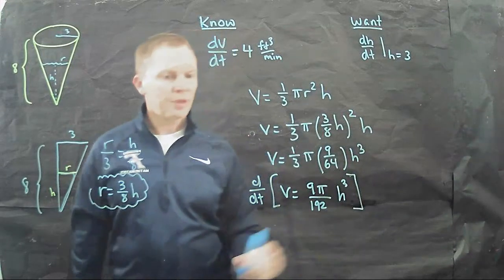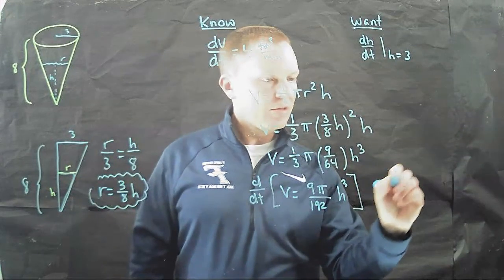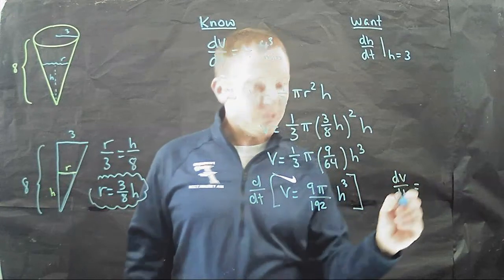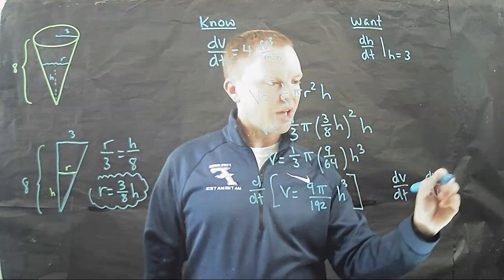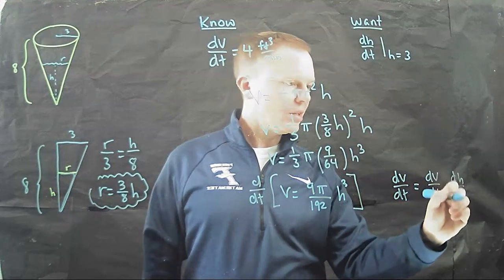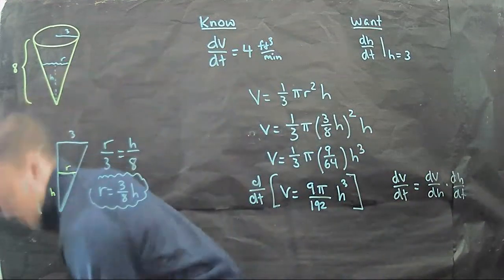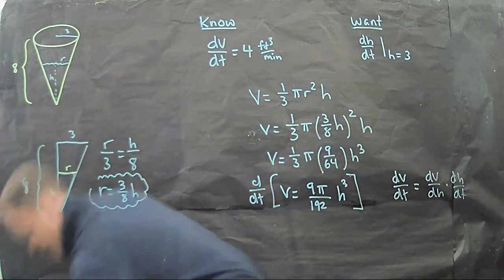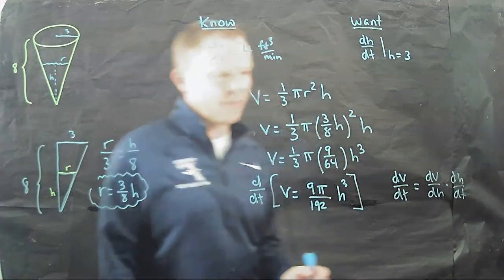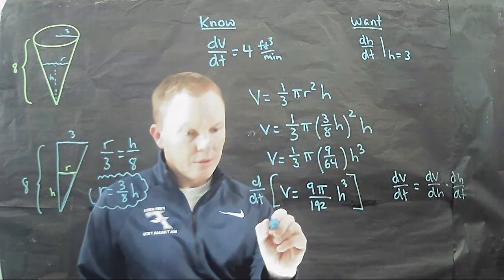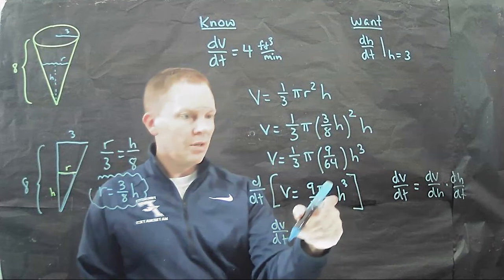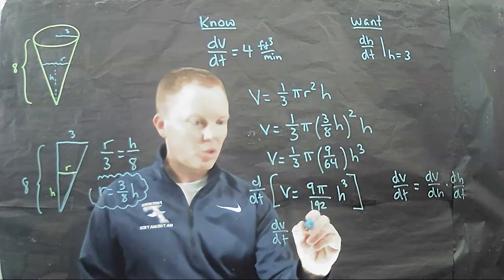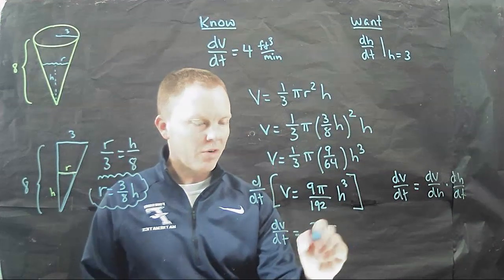Okay? So dV dt does equal dV dH times dH dt. I'm running out of ink here. I'm going to have to run to the store and get some new markers. Okay? So here we go. dV dt is, well, let's bring the 3 down, so that's going to be 27 pi over 192.